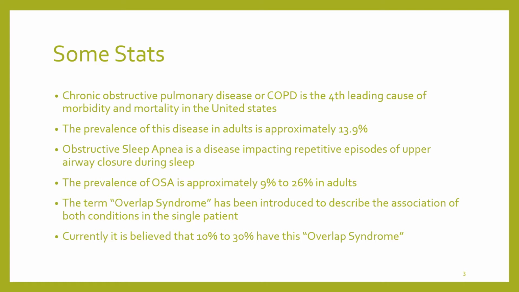They have this term called overlap syndrome, and this was first described in the 1980s. What they're talking about is patients who have a combination of COPD as well as OSA. And you can imagine that a patient who has a combination of these two disorders is probably in worse shape than someone who has them individually.